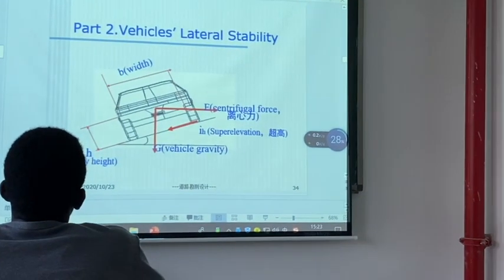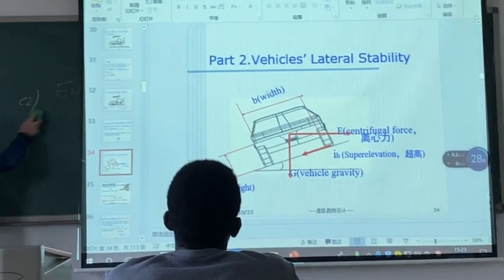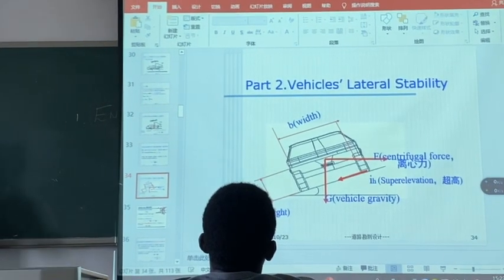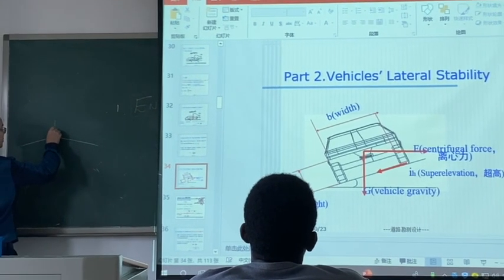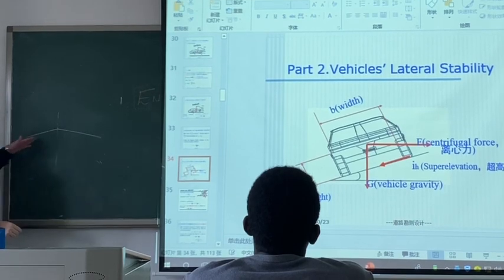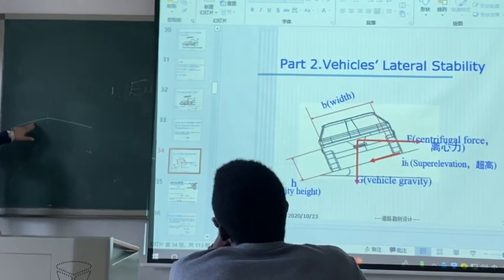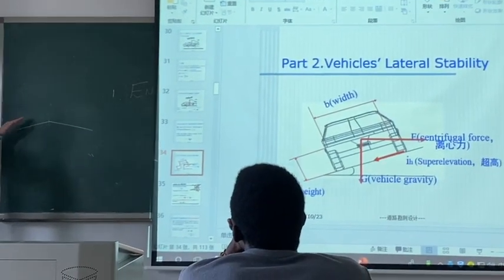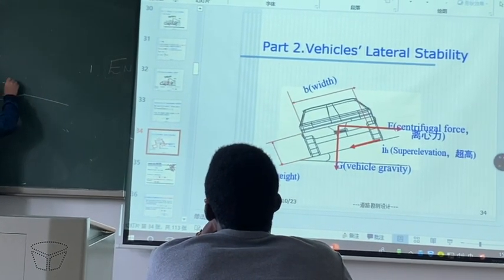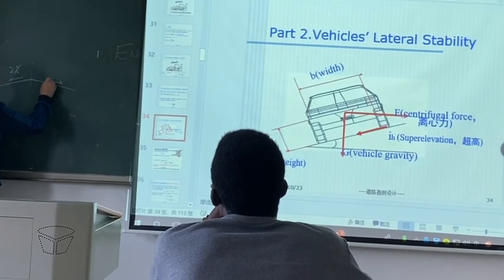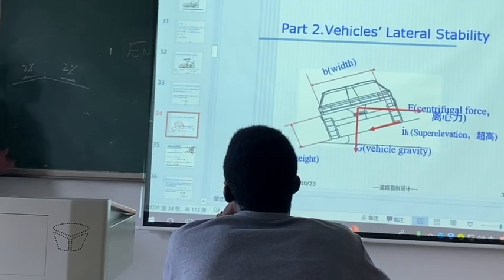on a straight line, the cross slope is two-way.